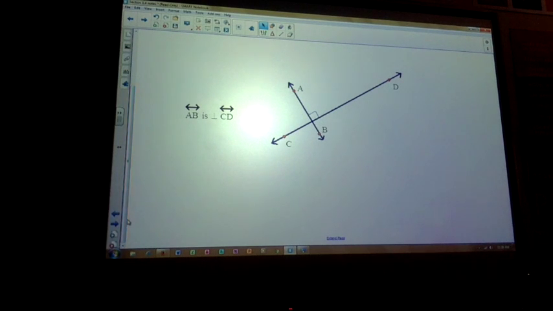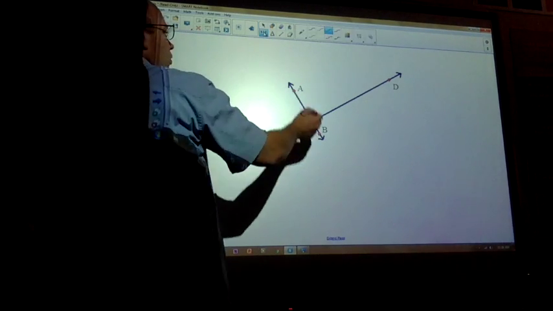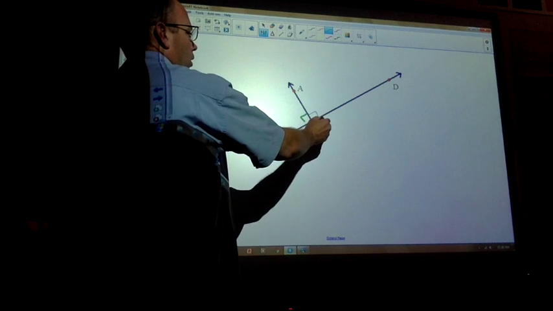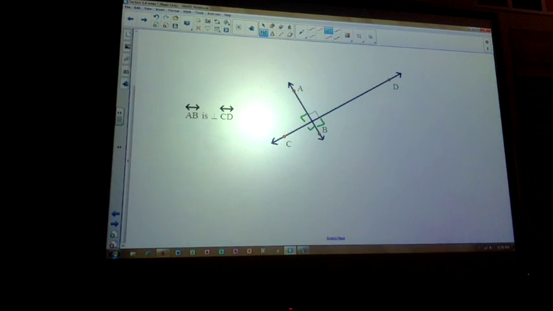So if they're perpendicular to each other, it just means that you form 4 90-degree angles. You only need to signify one of them is 90. Question? So 4 90-degree angles that you sum up would get you 90, 90, 90, 90, which is 360 degrees. That didn't happen by accident.